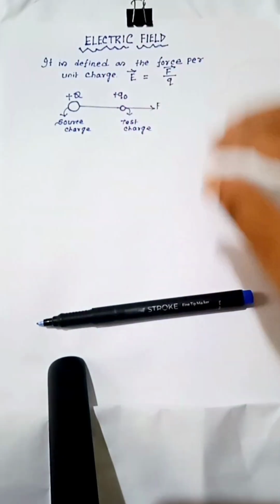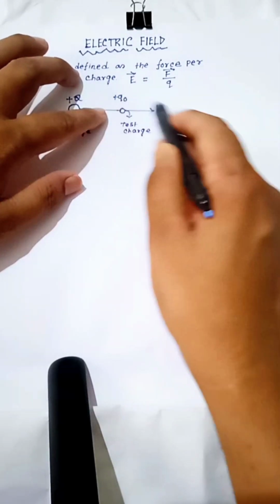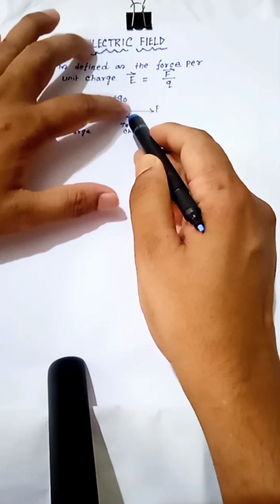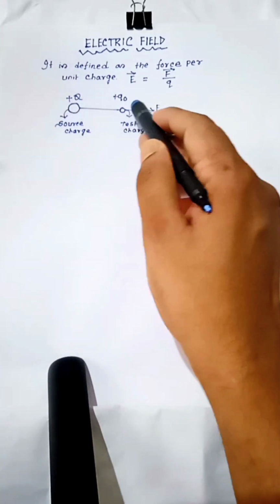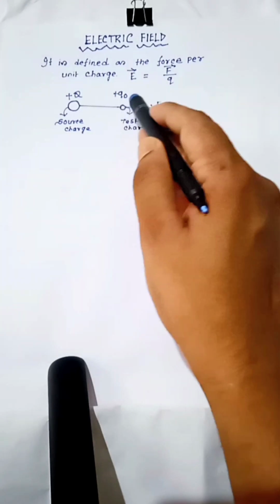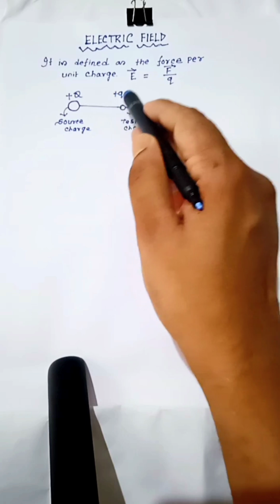In order to check this, we are bringing a test charge Q0 in the field region of this plus Q charge, that is the source charge. So when we are bringing a test charge Q0, look at this. Here this test charge we have considered small Q0.